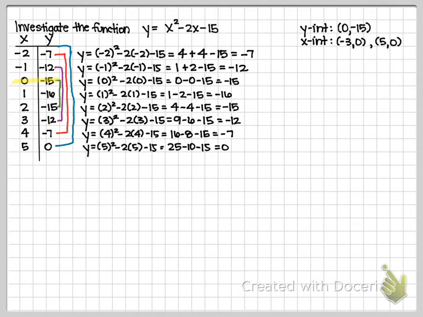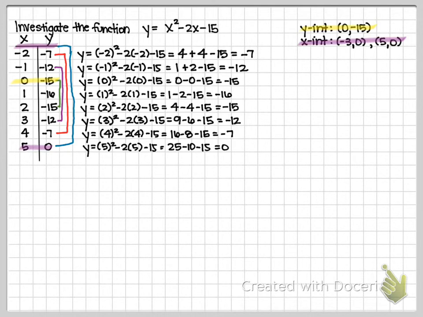Okay, I have a better idea now of what's going on. So I've got my y-intercept highlighted yellow. Let's go ahead and highlight our x-intercepts purple. So it would be right there and there at 5, 0. Now, using this whole idea of symmetry that's been happening, I think we even know the vertex. So let's take a look back at the table.